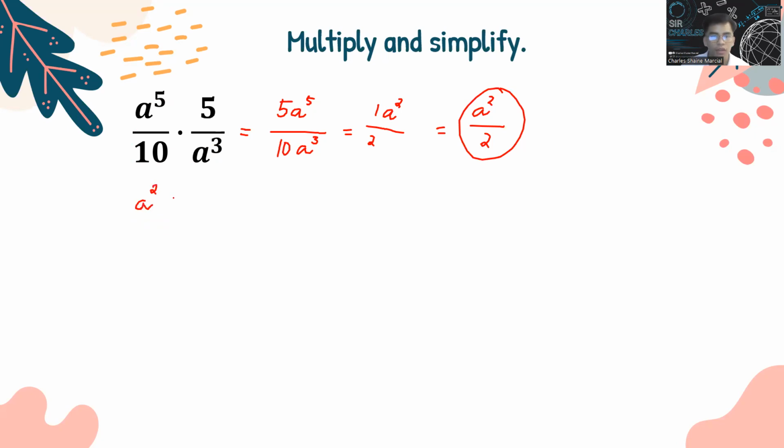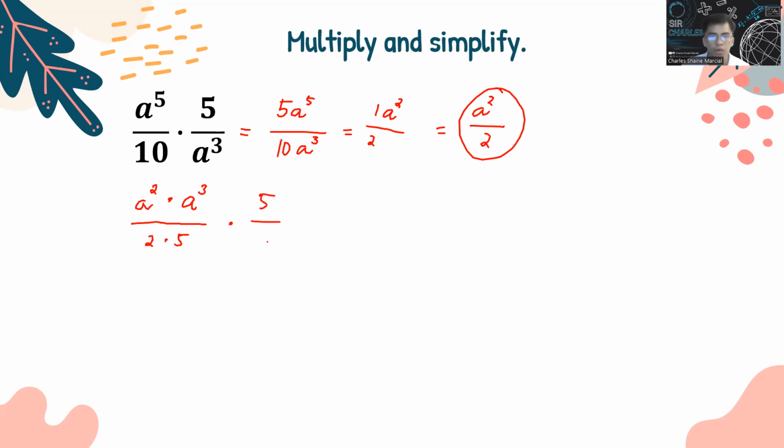I-factor natin yung numerator na a raised to 5, so magiging a squared times a cubed. Kapag inadd natin yung exponents, 5 lang naman yung kalalabasan niya. And also sa denominator, 2 times 5, that is equal to 10. Pinactor out lang po natin.